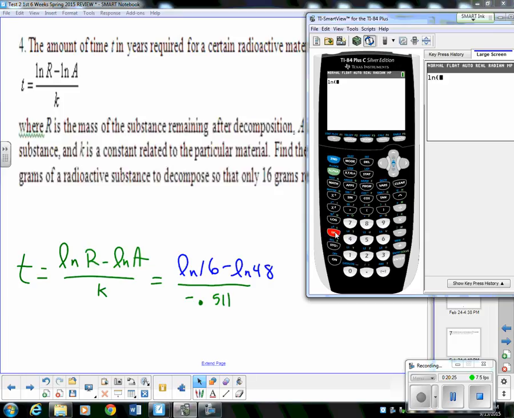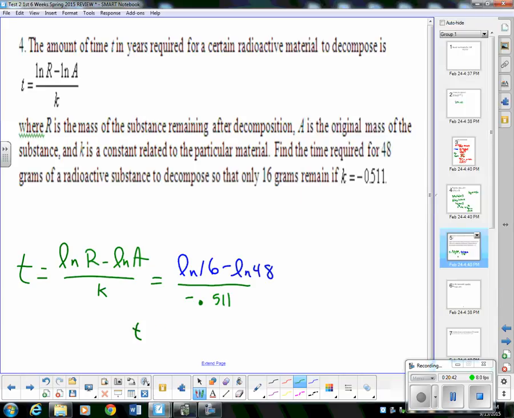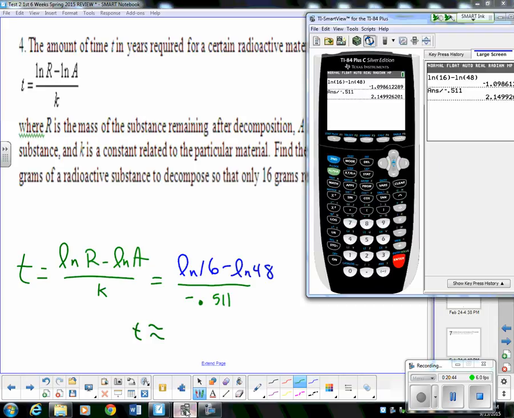So I have the natural log of 16 minus the natural log of 48. Gives me that number, and I'm going to divide it by negative 0.511. I get 2.149926, or T is approximately equal to 2.15.